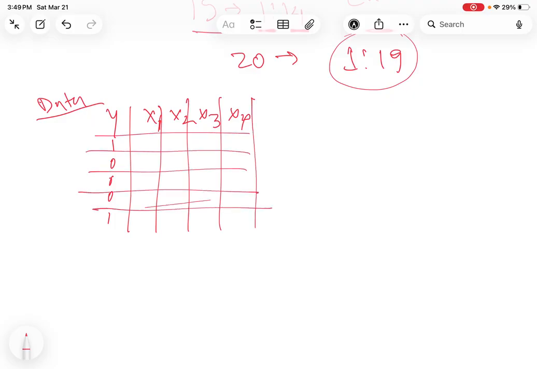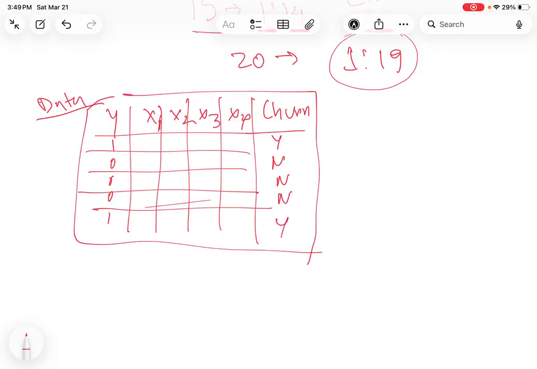And the label will say churn, so one means yes, no, no, no, yes, right? So this is typically the data you get to work on.